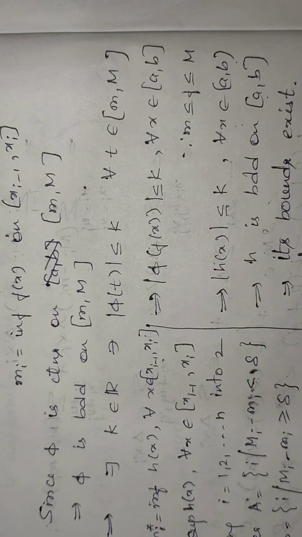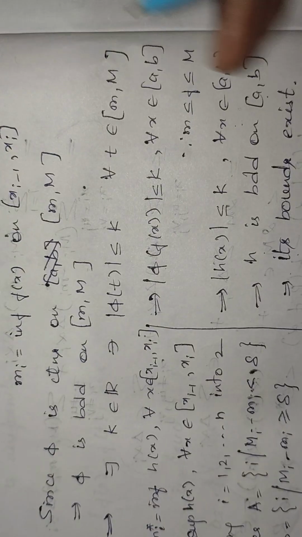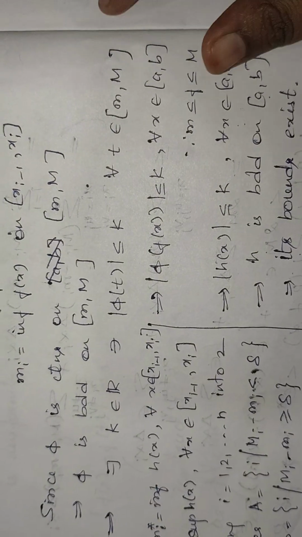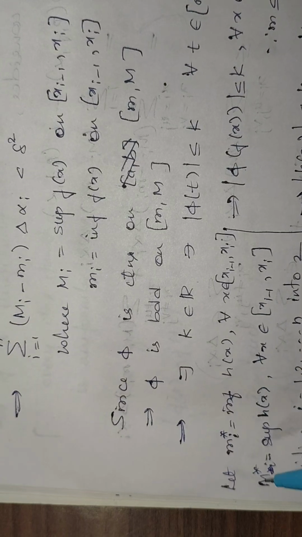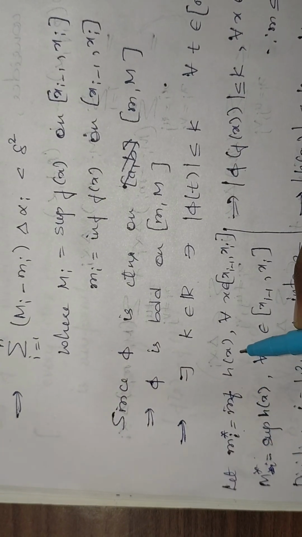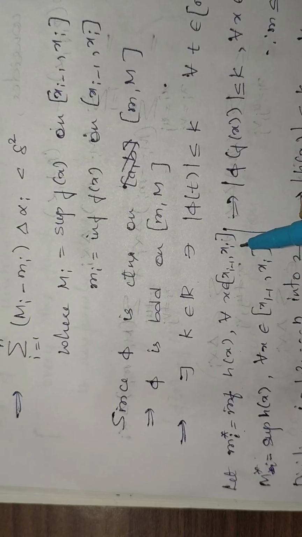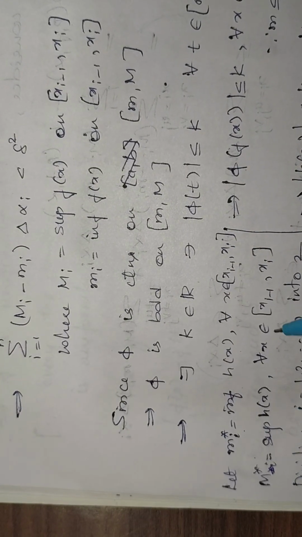It means the bounds of h exist, so I can take its supremum and infimum. So here let mi star be the infimum of h of x in this particular interval, and capital Mi star be the supremum of h of x for all x belonging to this interval.